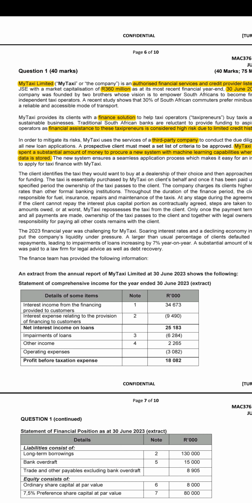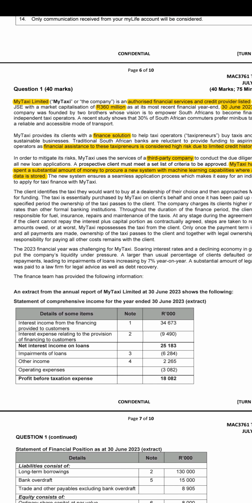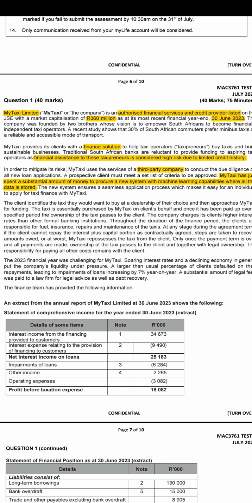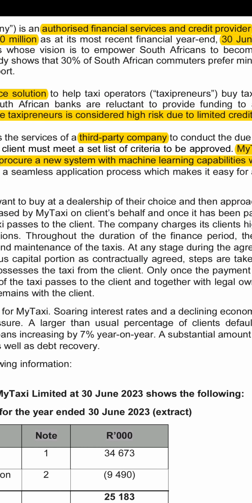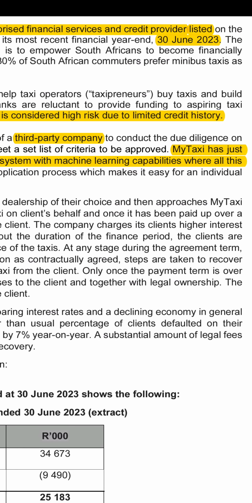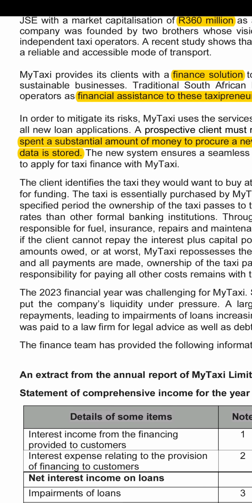So now the next paragraph is giving us the business process relating to this. And this is important for you to understand, right? So, number one, the client identifies the taxi that they would like to buy at a dealership of their choice, okay? And then approaches My Taxi for funding, okay?